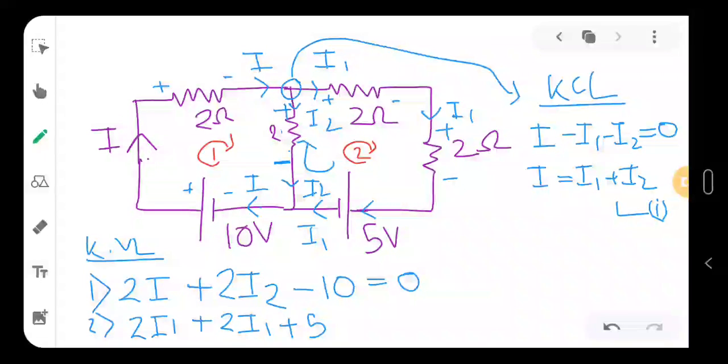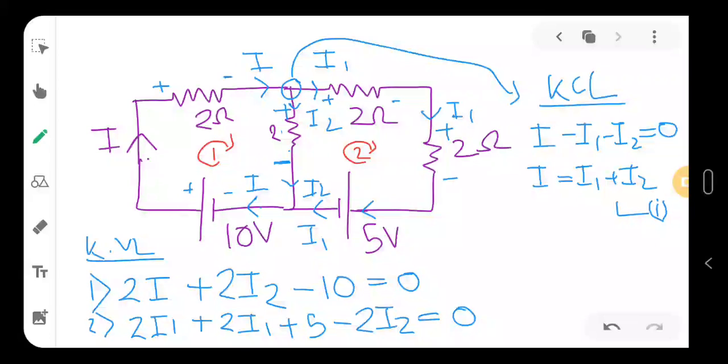You have to move in the same way. You cannot skip this part because you are looking into all of the components in this loop. When you are going, you are entering the negative side first. So that's why it will be minus, this will be 2 and I2, because I2 is the current there.